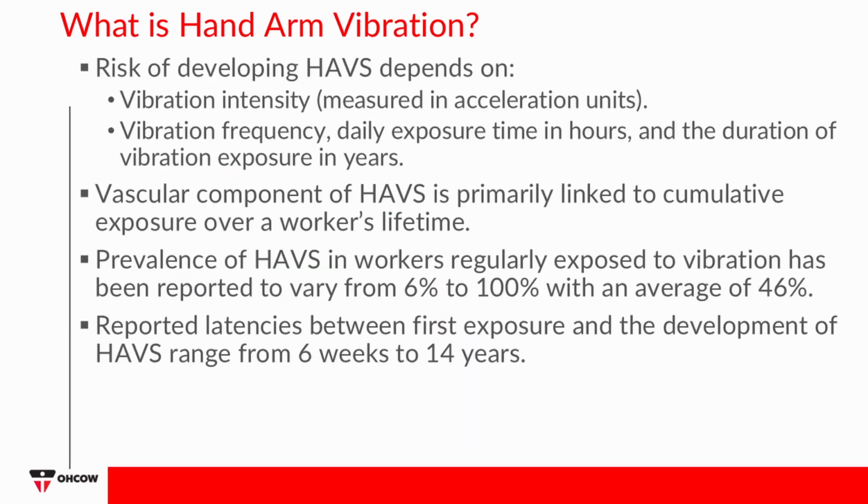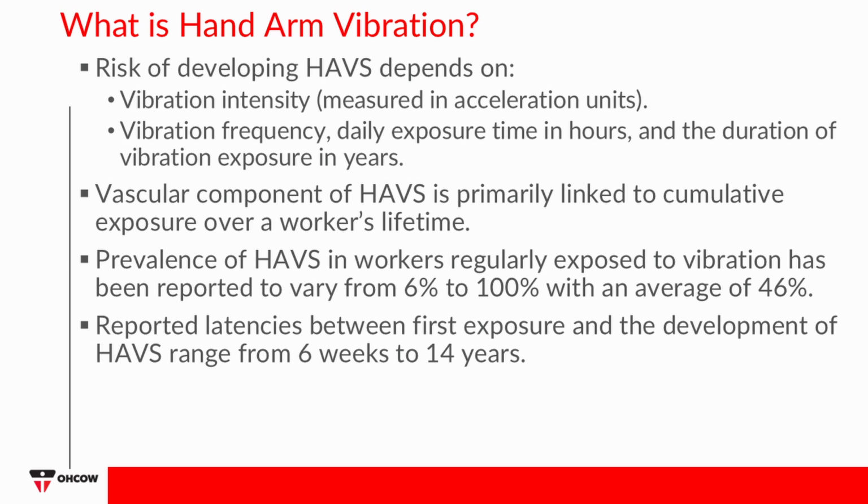The likelihood of developing HAVS depends on several key factors. Vibration intensity, measured in acceleration units. Vibration frequency, daily exposure duration, in hours, and total years of exposure. The vascular component of HAVS is primarily linked to cumulative exposure over a worker's lifetime.